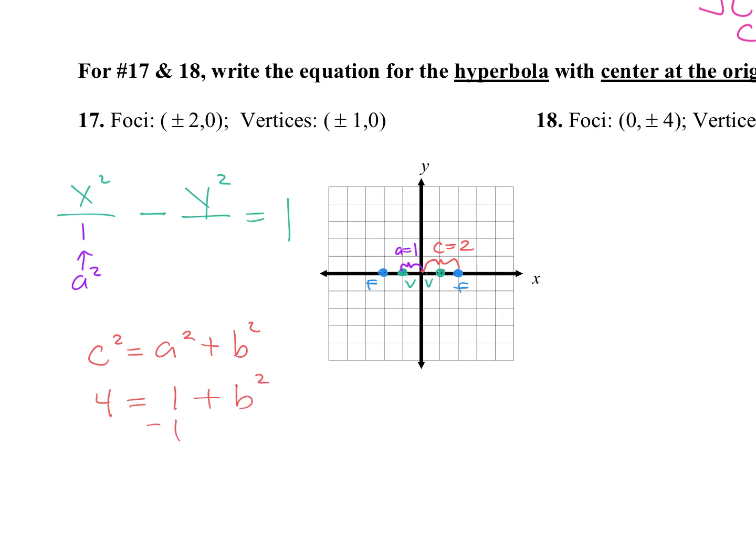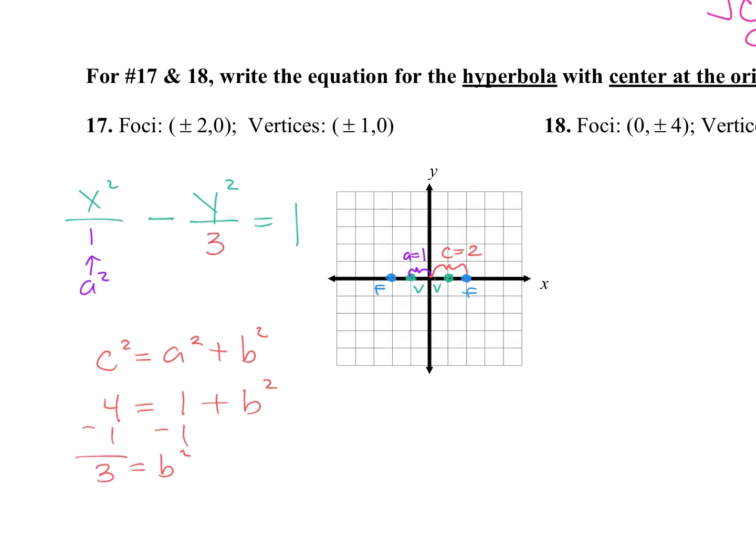So we're going to take away the 1. And your 3 is your b squared. So that's just going to go right there. That's fine. Thank you. So that's your equation. Good there? Okay. You try the next one.